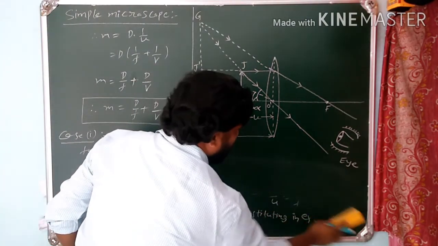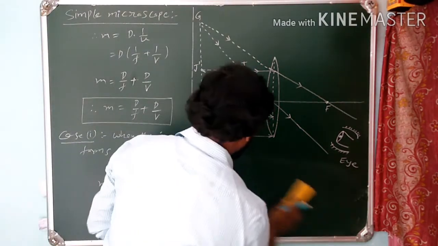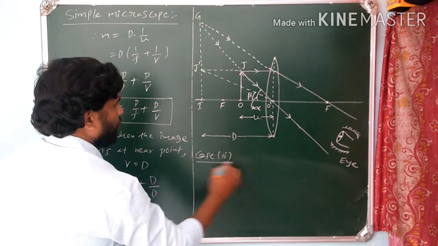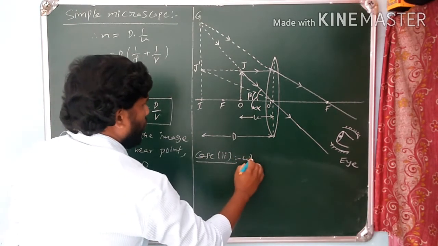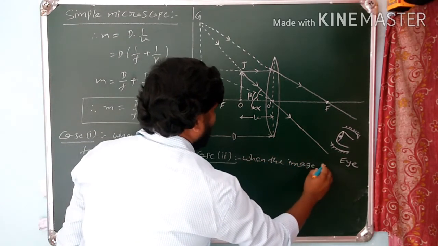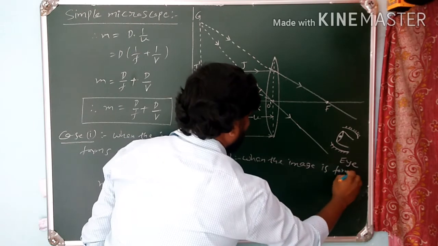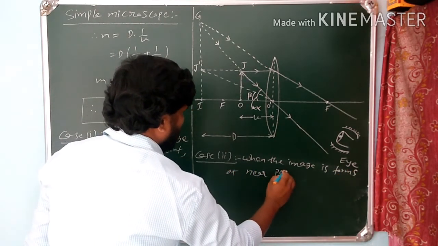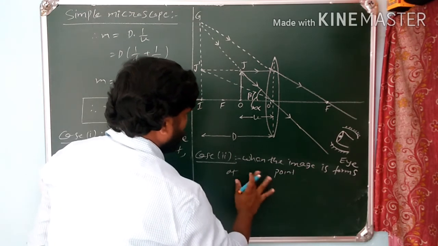Case 2: suppose the image is formed at the far point.